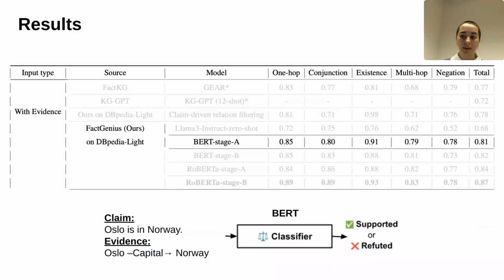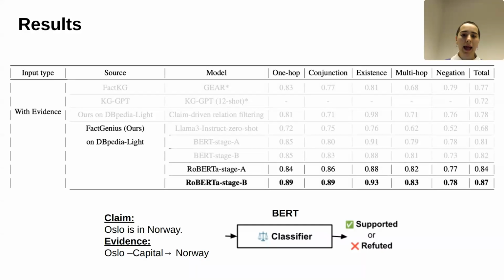Now, where we started seeing pretty good improvements was when we actually used BERT for the classifier, with a slightly better improvement for the stage B type of validation.